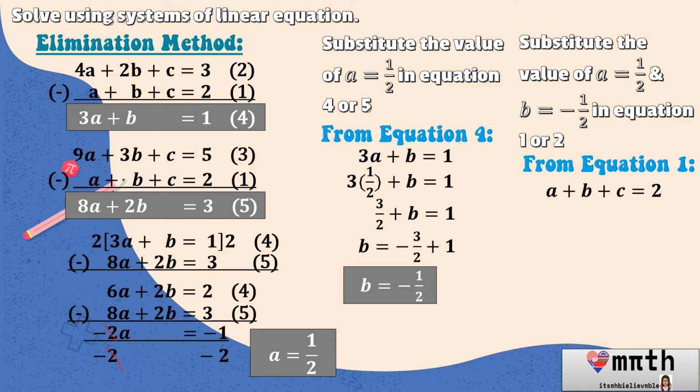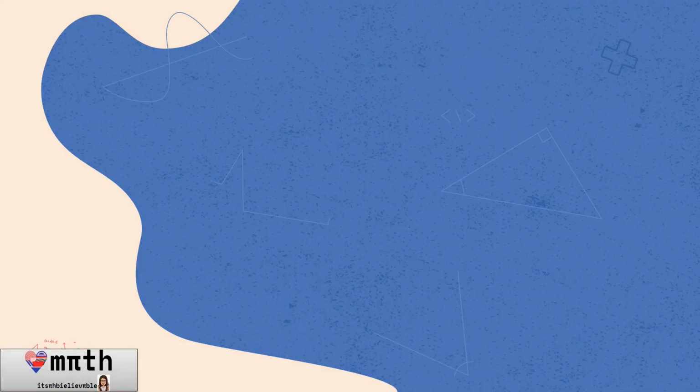Substituting the values of a and b, that will be 1/2 minus 1/2 plus c is equal to 2. And there's a chance to get the value of c. Simplifying 1/2 minus 1/2, that will be c is equal to 2. So there, we're able to get the values of a, b, and c.